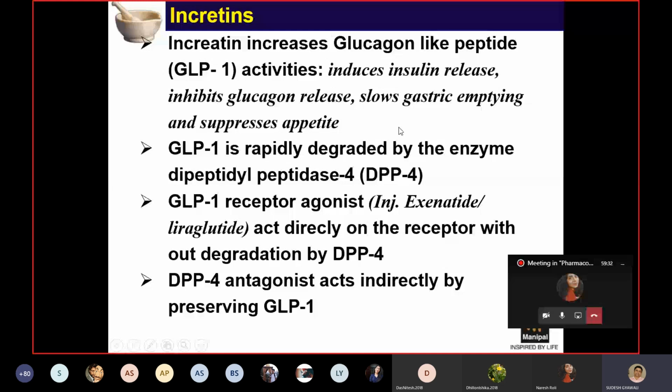So that is how it acts. It is now used as an add-on therapy, not as a main drug in diabetes mellitus, but in addition to metformin or sulfonylurea, we are using it as an add-on therapy in type 2 diabetes mellitus.